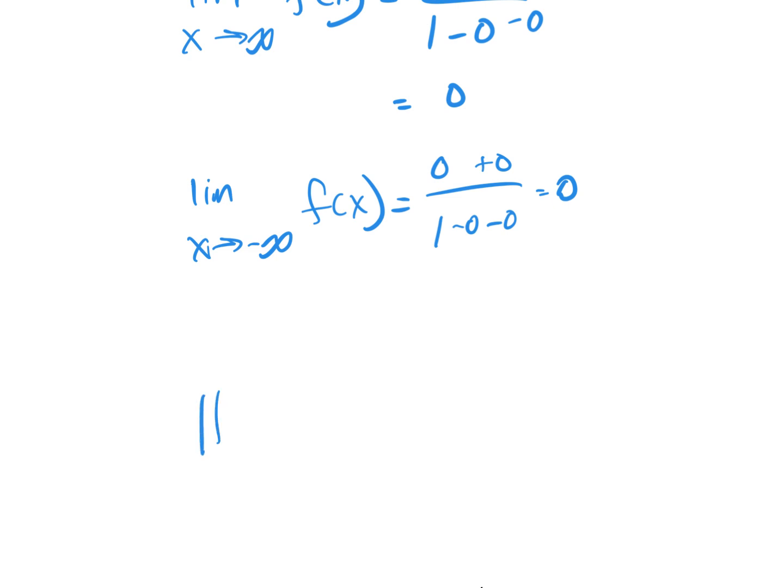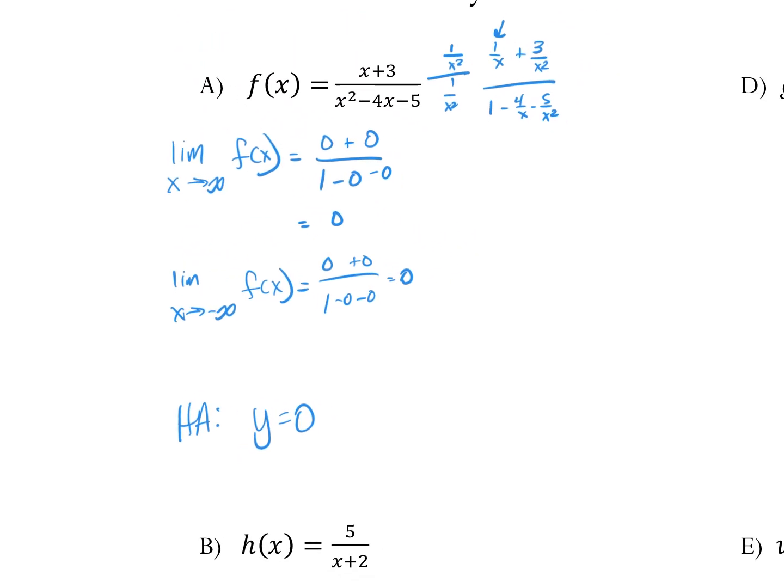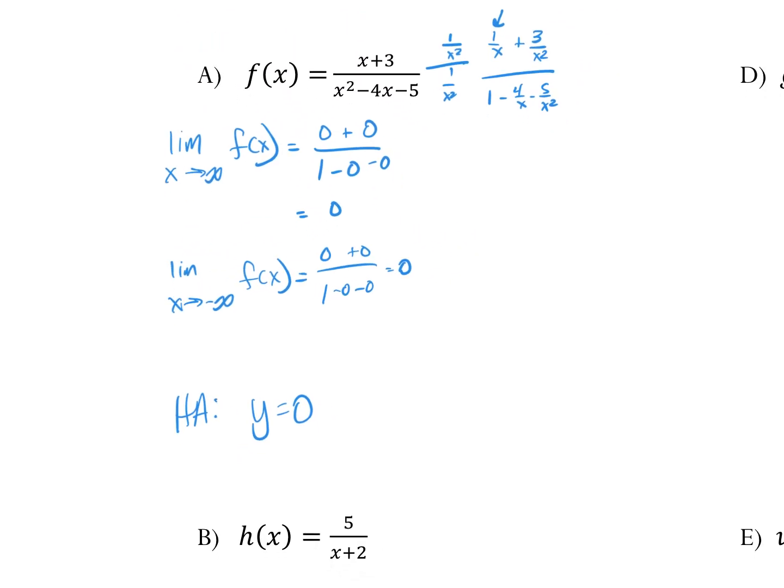So now we can say we have a horizontal asymptote at y equals 0. So what I will expect is to show the analytical evidence of a horizontal asymptote, my expectations would be to see the limit as x goes to positive infinity and as x goes to negative infinity.